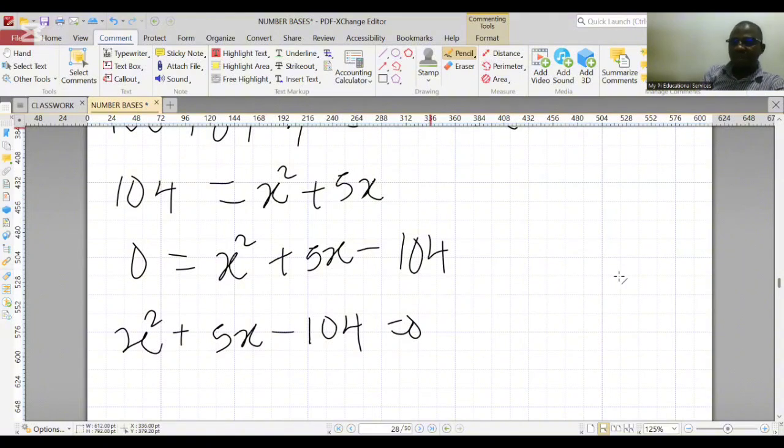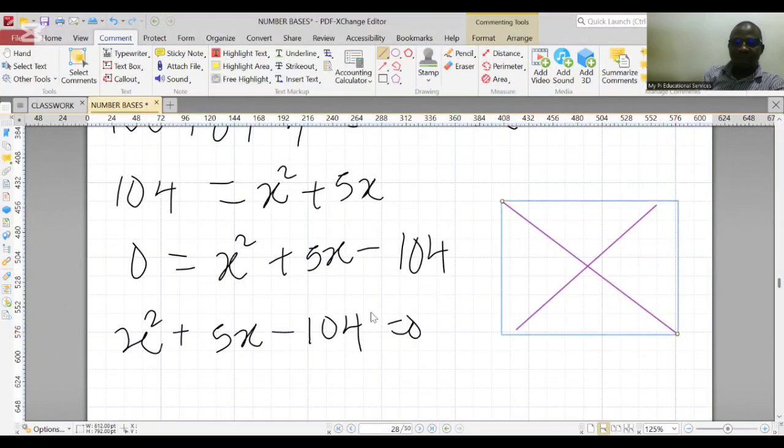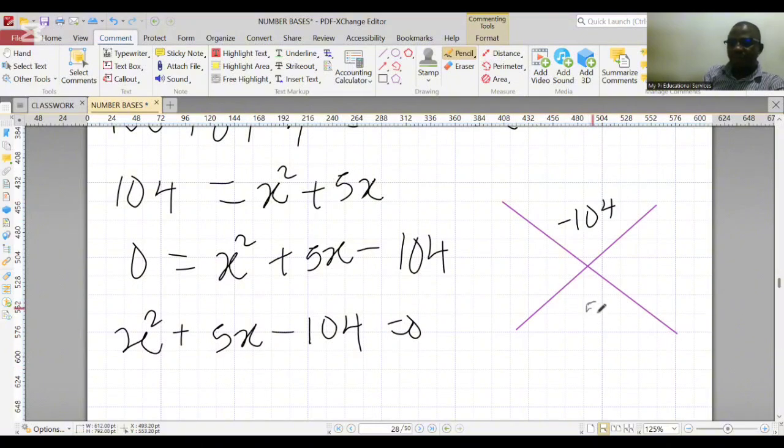To factorize this, we can use this short method, which is the butterfly method. The constant value here is negative 104, and the coefficient of x is 5. So you look for two numbers that can be multiplied to give negative 104 and added to give 5.